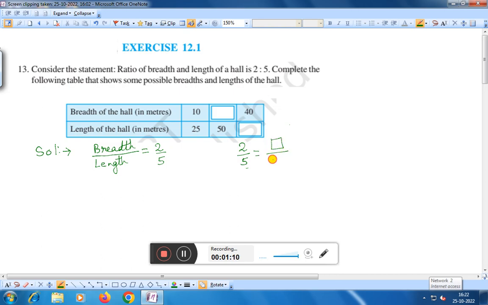To find this value, we first divide 50 by 5, which is 10.